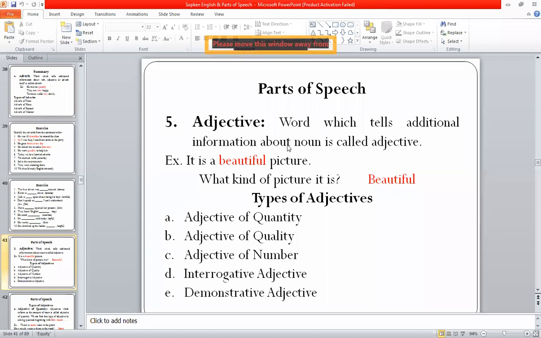So what are the types of adjectives? There are 5 different types of adjectives. First is adjective of quantity, second is adjective of quality, third is adjective of number, fourth is interrogative adjective, and fifth is demonstrative adjective.